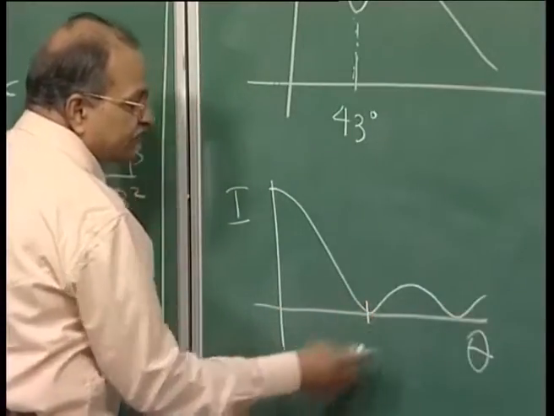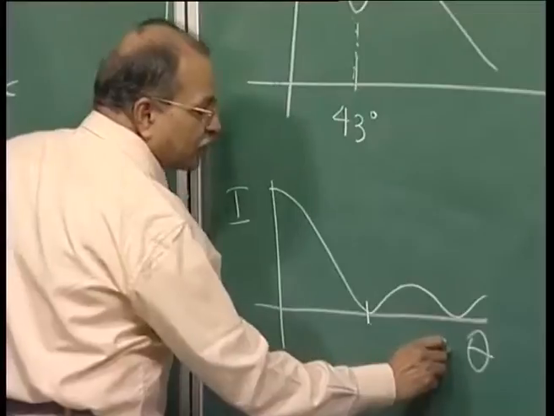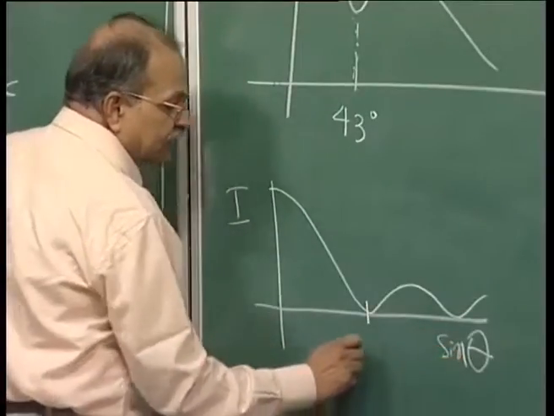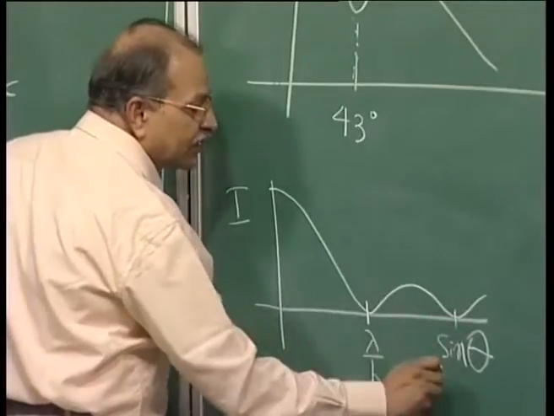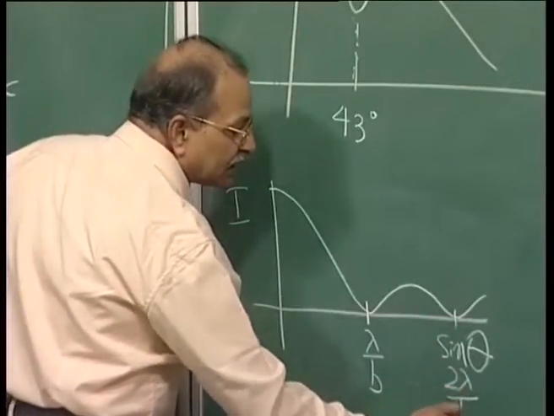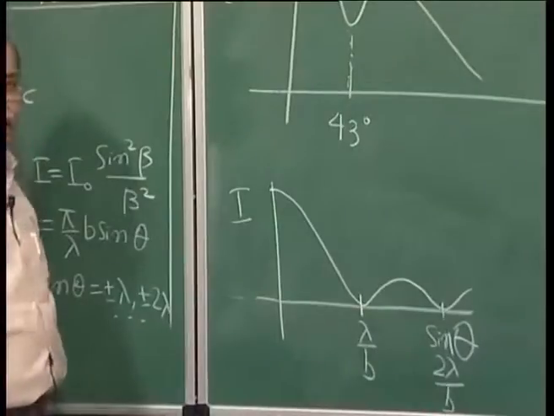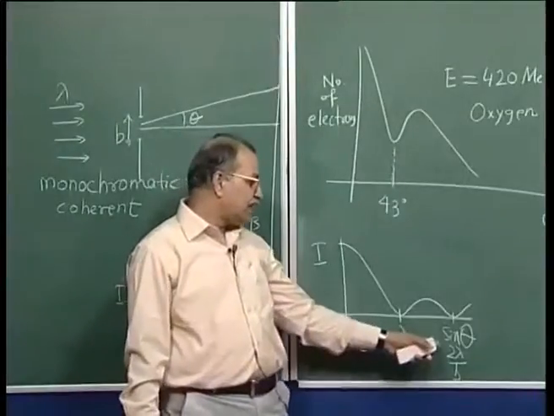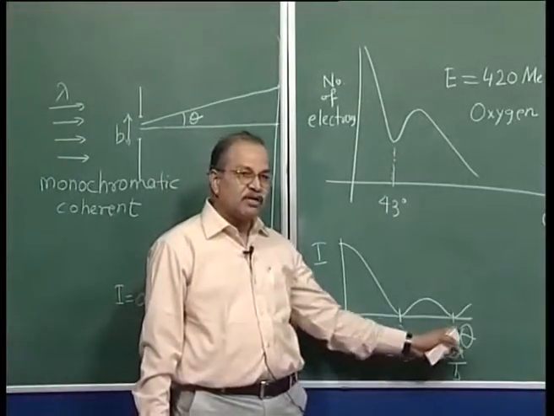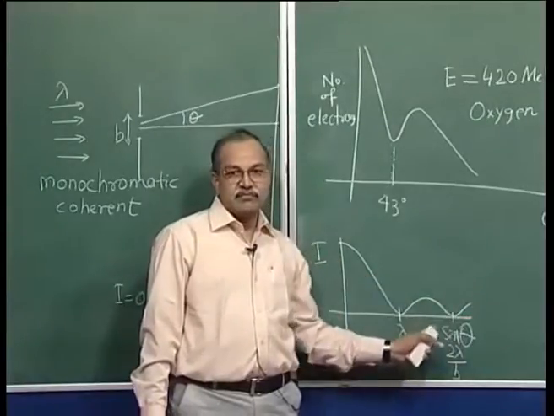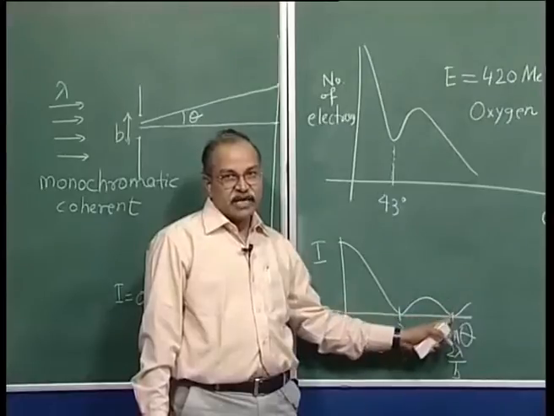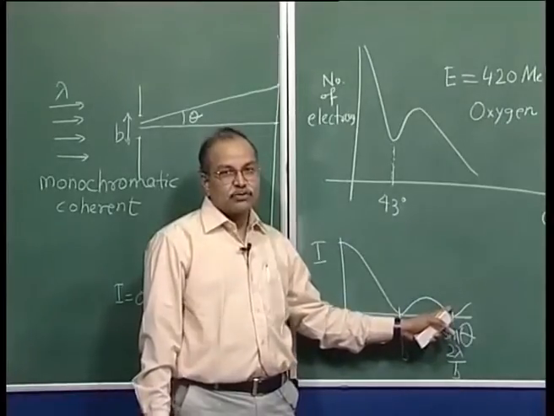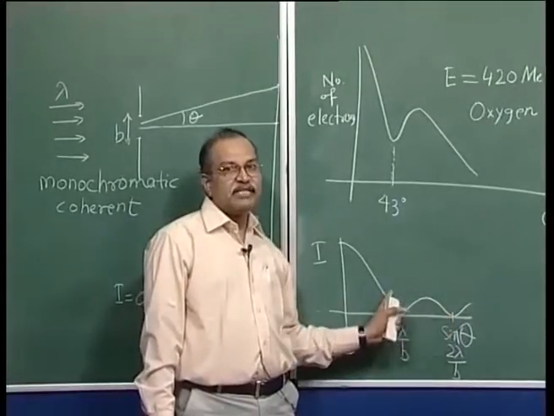And if you plot in terms of sin theta, this will be lambda by b and this will be 2 lambda by b, and same thing on the other side. So, wherever b sin theta is lambda or 2 lambda or 3 lambda, intensity becomes 0, in between the intensity is maximum, and that maximum intensity also drops if you compare with the previous maximum.